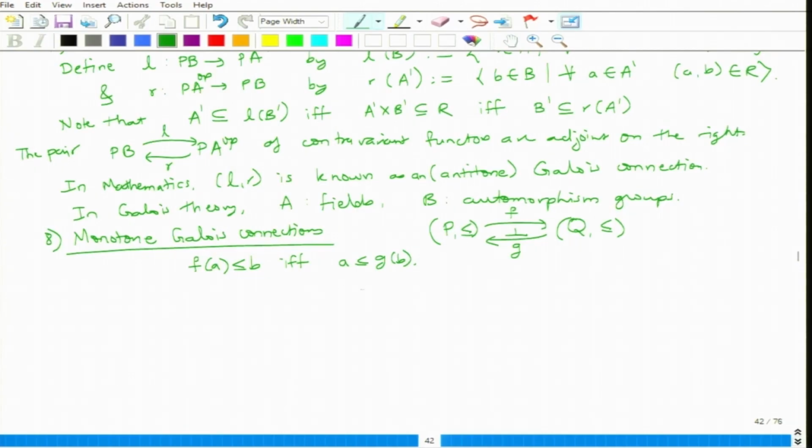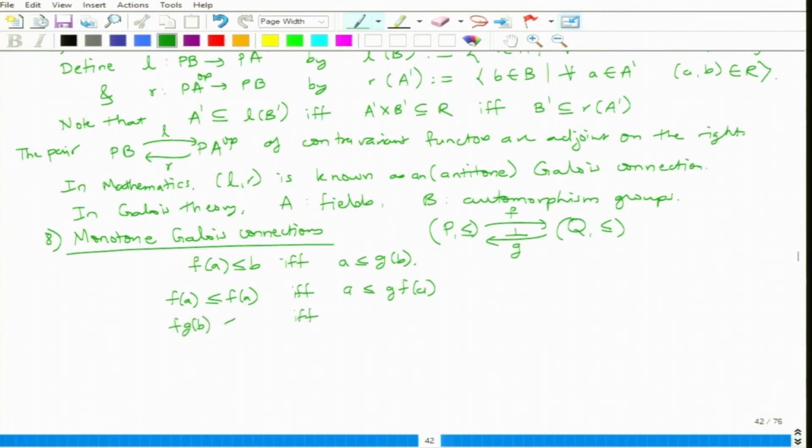And why is that true? Because you are substituting B equal to FA. And this is always true. FA is less equal FA by reflexivity. Therefore, A is less equal GFA. And similarly, what will we have?